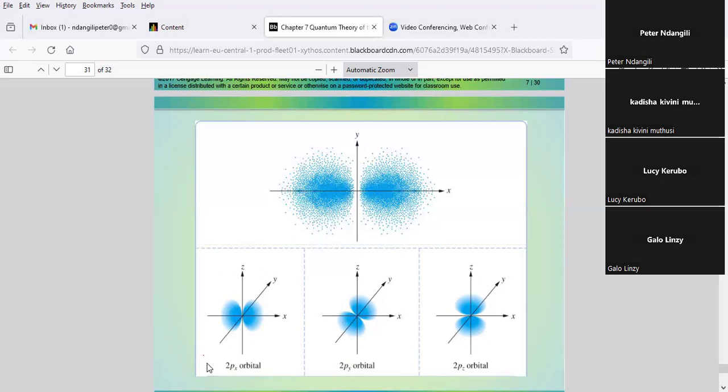This illustration is simply showing you a 3D. Maybe I should do this. Say this one, for example, is Y and this is X, okay? A PX will be like this. I may not draw a very good one, but a PX is going to lie here. It is going to lie on the X-axis.